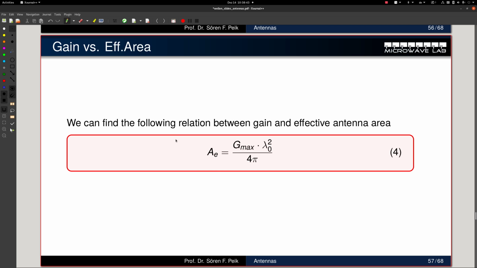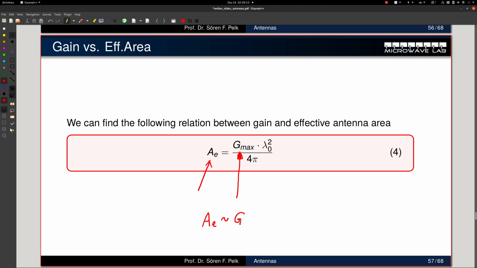There's an extremely simple relation between the effective area, A_E, and the maximum gain of an antenna. Remember, we defined the gain last time, so many dBi and so on. The bigger the gain, the bigger the effective aperture. So my effective aperture is always proportional to the gain of the antenna.